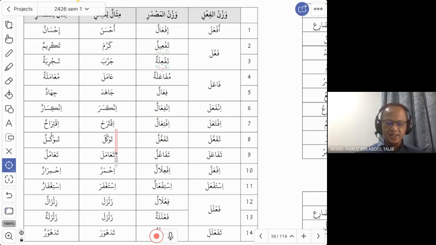The example is iqtaraha, to suggest. Fi'il madi iqtaraha, suggested. Fi'il mudari yaqtarihu, following yafta'ilu. Refer to the old table. So the masdar, ifti'al, is iqtirah.